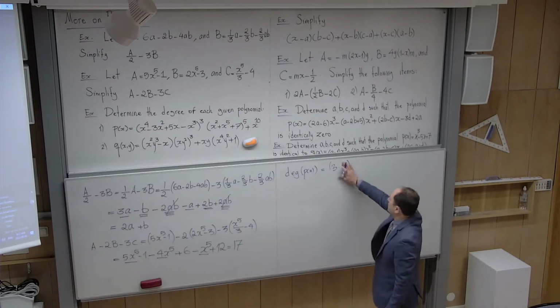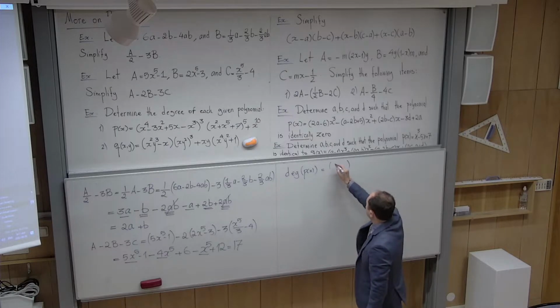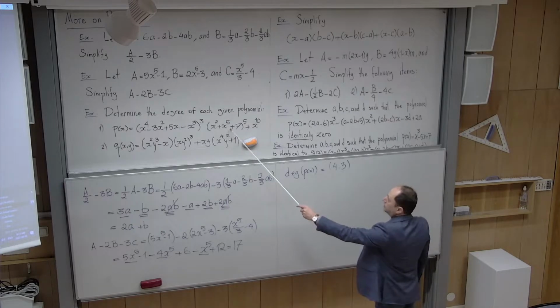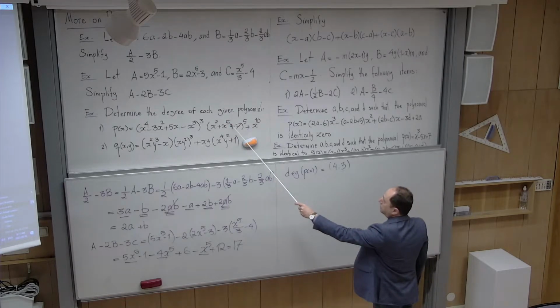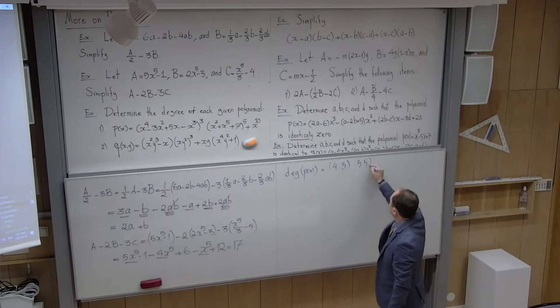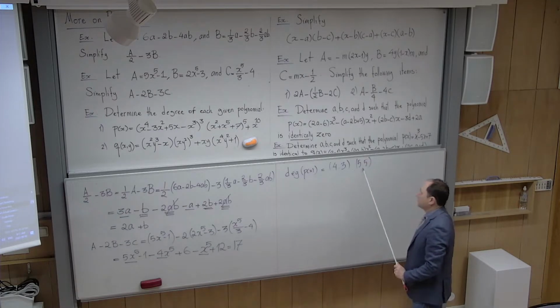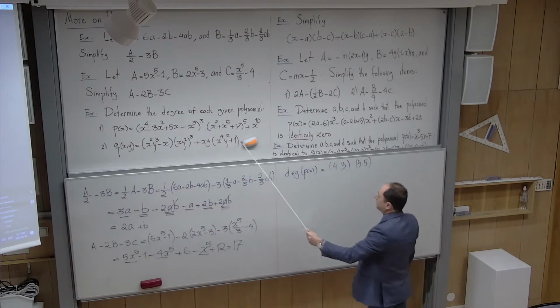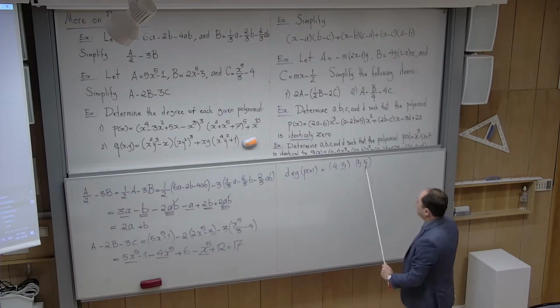So let me write it like this, 4 times 3. Of course it doesn't matter, but let us keep the order here. Then I go here, what is the degree of this polynomial? The highest value is 5, this is supposed to be raised to power 5, so it becomes 5 times 5. This is the degree of this part, the first part. And then what should I do between these two? Do you remember?